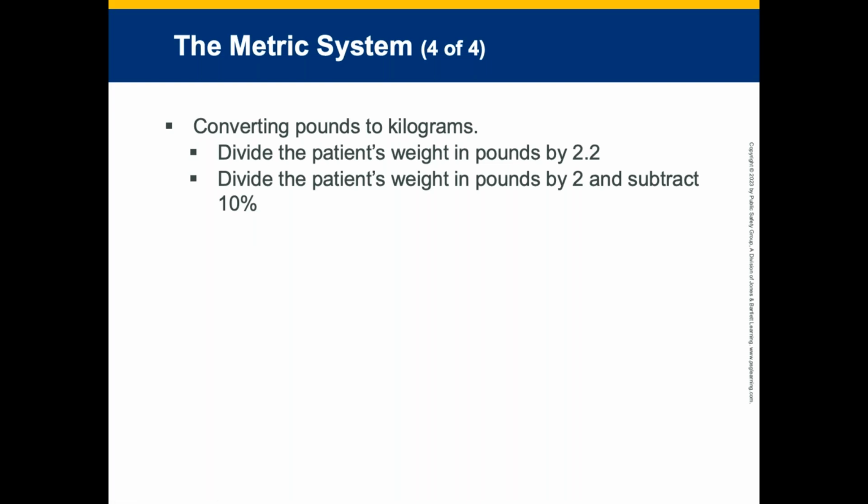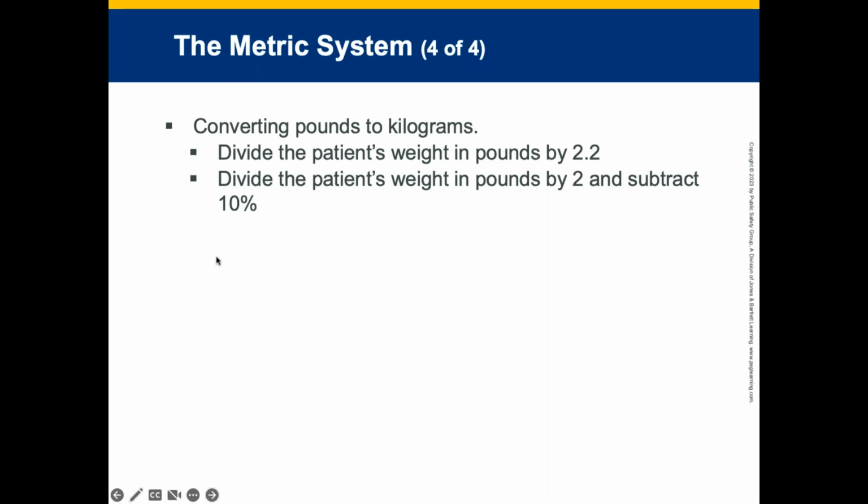If the patient weighs 300 pounds, divide that by 2 is 150, then you subtract 15 because of the 3-digit number, you take out the first 2, which would be 135 kilograms. Does that make sense to everybody? Yes. Okay.